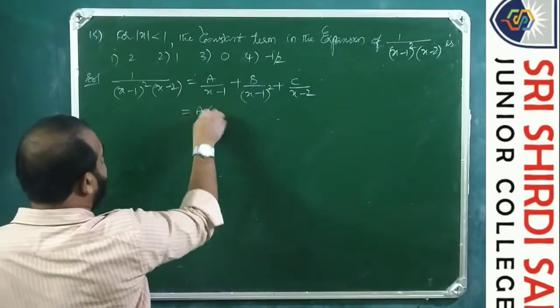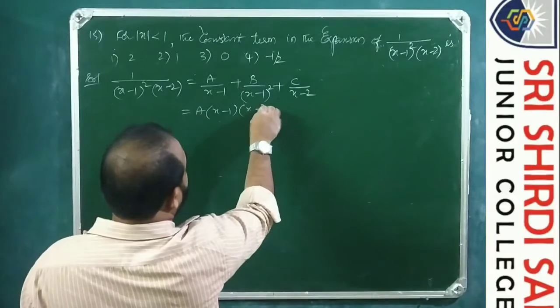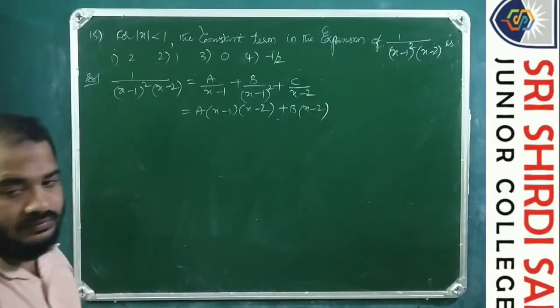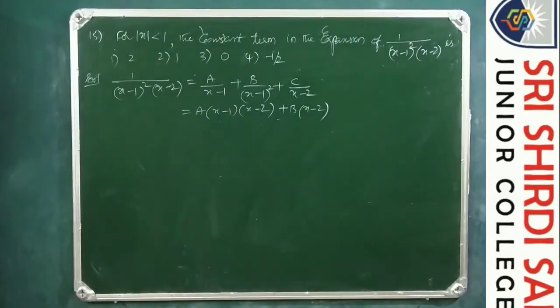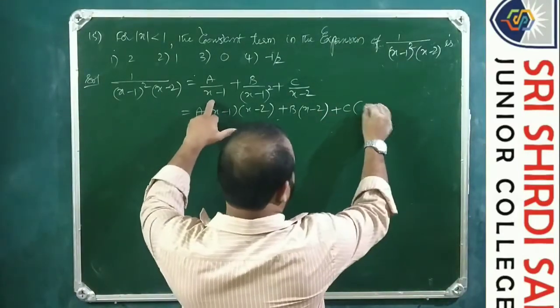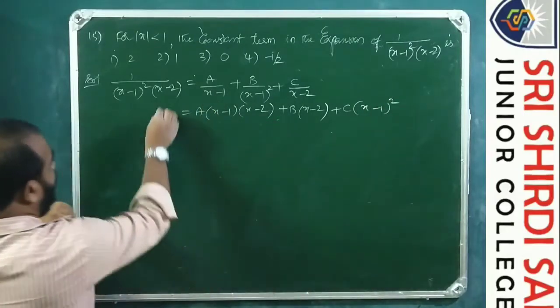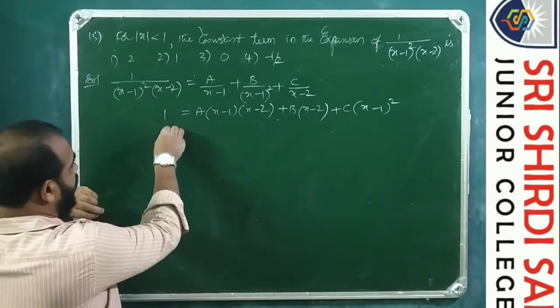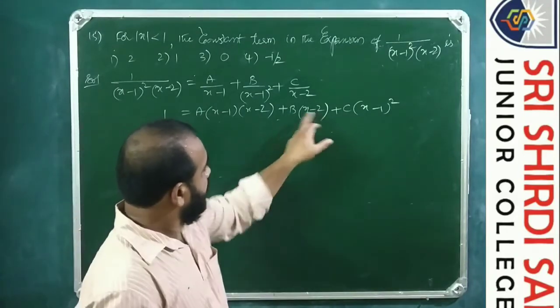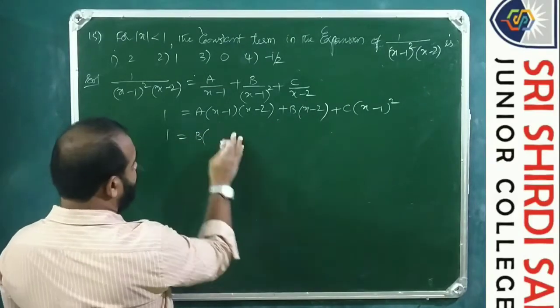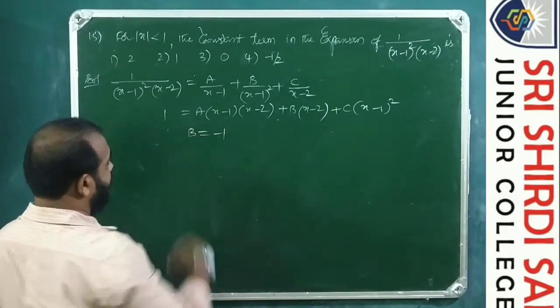The LCM gives a(x - 1)(x - 2) plus b(x - 2) plus c(x - 1)², and this is equal to 1. So put x equals 1 and substitute here: 1 is equal to b into (1 - 2), so b is equal to minus 1.